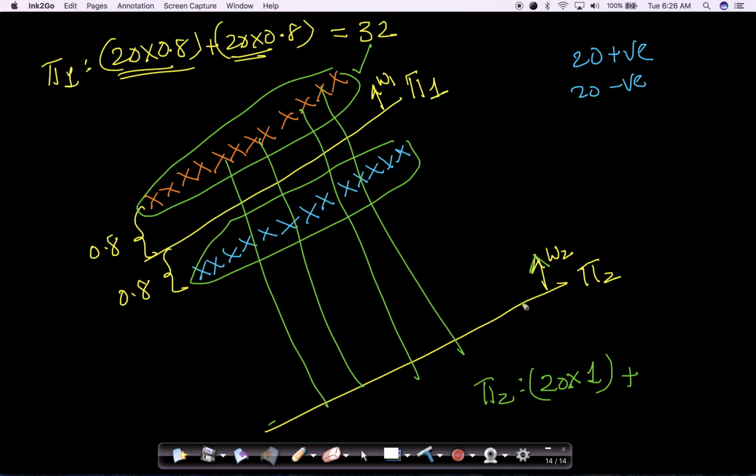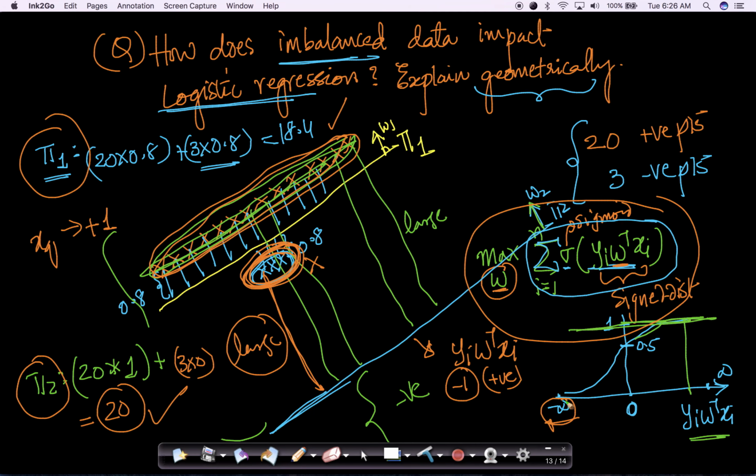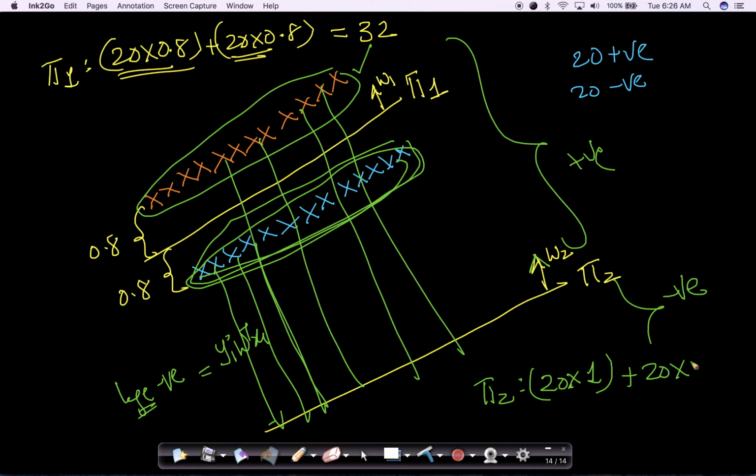If I use this as a hyperplane and say all these are positive points and all these are negative points, of course all my blue points are misclassified. Because they are misclassified, they have large negative distances. So your yi w transpose xi is going to be a large negative value for each of these blue points. The sigmoid of large negative values is going to be equal to 0, plus 20 into 0. This total value is 20.